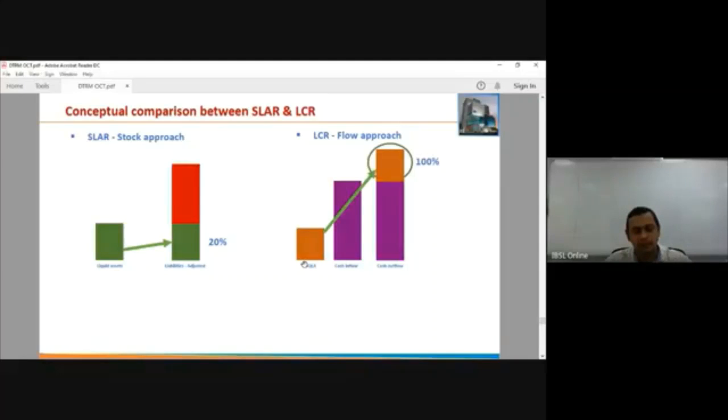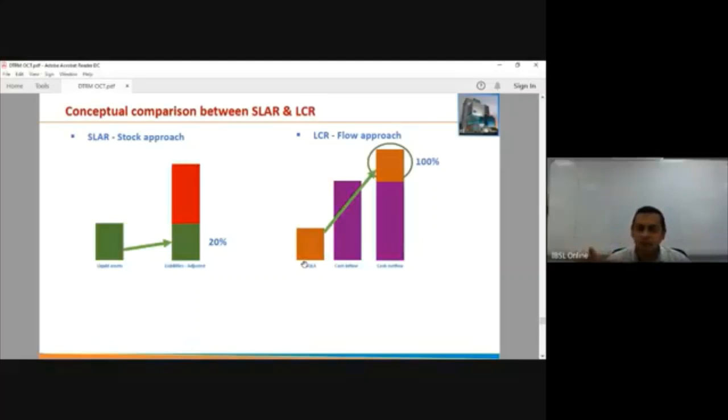When I say a stock approach, that means the bank will have a certain amount of liquid stocks, liquid assets, to manage your day-to-day liquidity requirement, right?